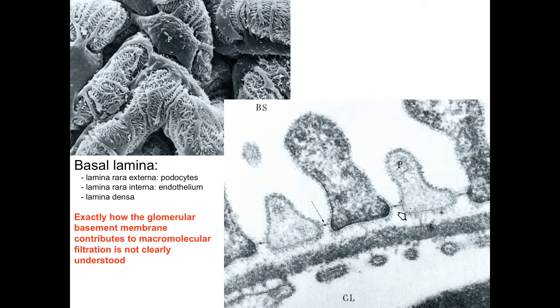So on the transmission micrograph, these are secondary foot processes of the podocytes. Here would be the lumen of the glomerular capillaries with profiles of the endothelial cells, and note that these endothelium are fenestrated. Exactly how the glomerular basement membrane contributes to macromolecular filtration is not clearly understood.